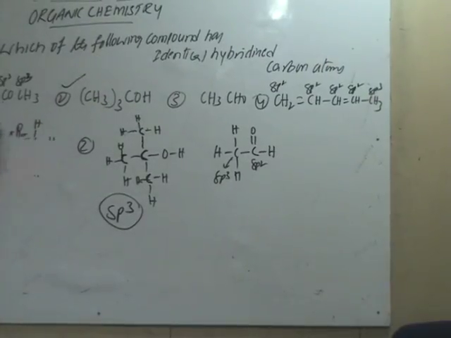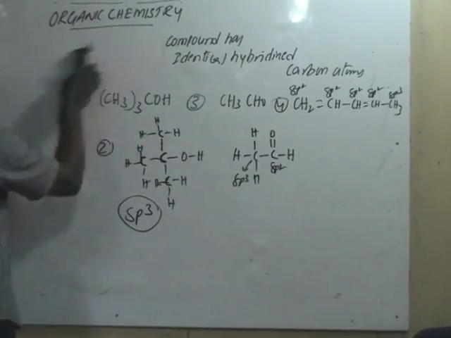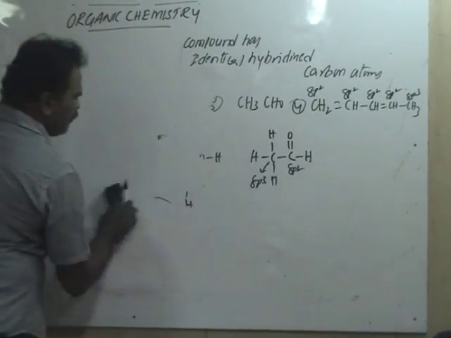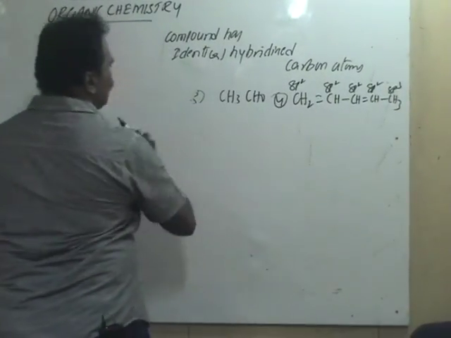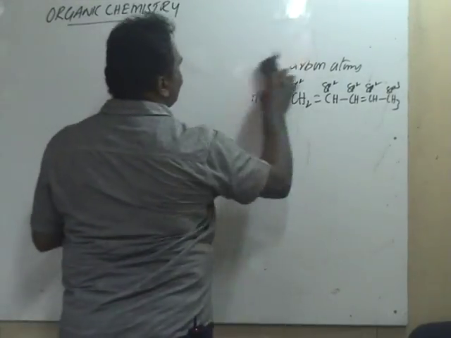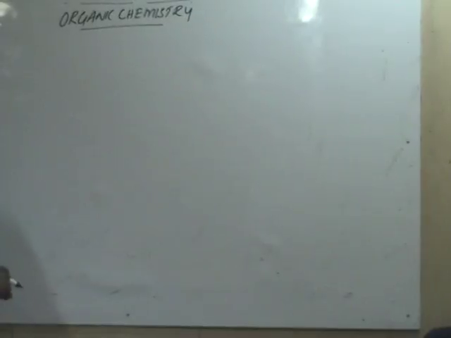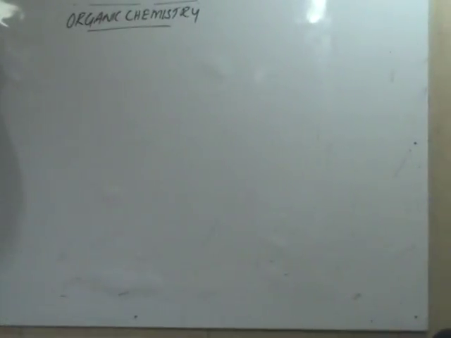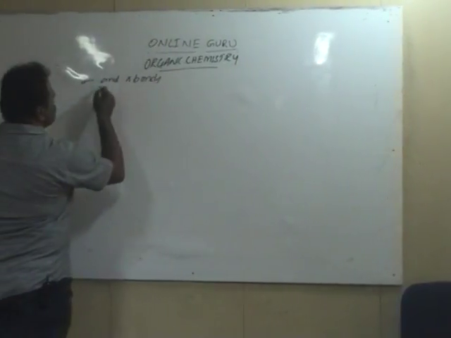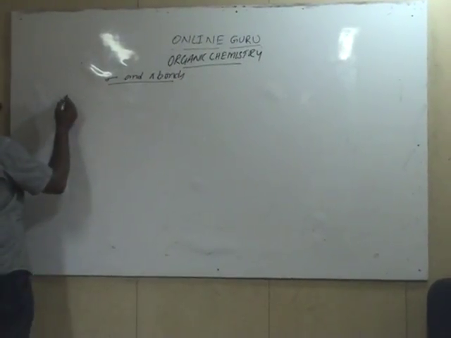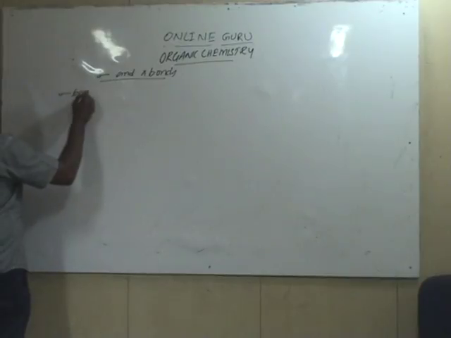So next, how can we find out the ratio of sigma and pi bonds? First, we are going to calculate sigma bonds.